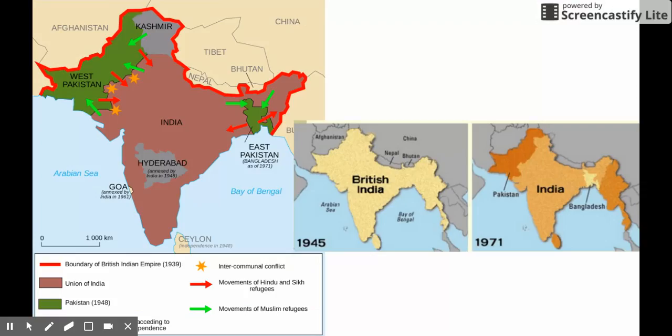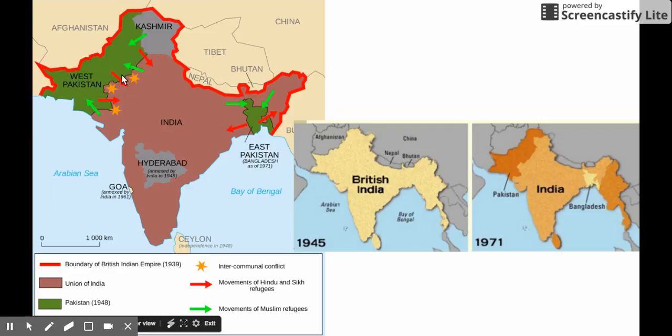So here is a map that kind of shows you a better idea of what happened. So British India is all this space right here. Notice the Arabian Sea, the Bay of Bengal, some of our physical features. And by 1971, we have Pakistan, India, and this country called Bangladesh. But originally it was called, look over here, East Pakistan. So we had India in the middle. This was the Hindu land.